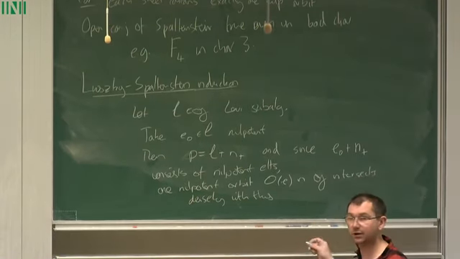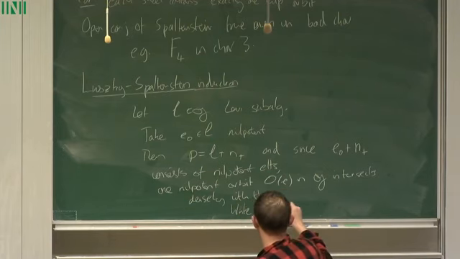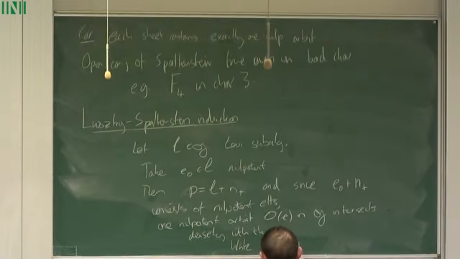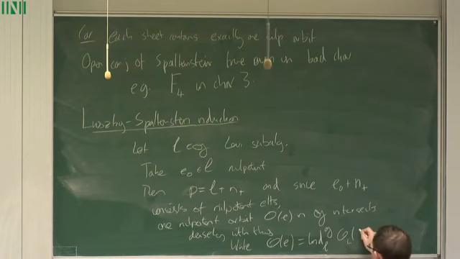So I'll write the next thing and then it will make sense. We write: the orbit containing E is the induction from L to G of the orbit in L of E0.